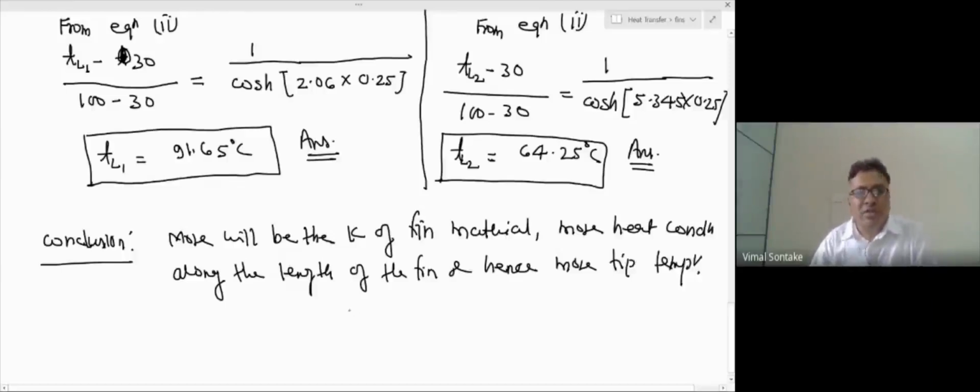This is the conclusion. So this way I can solve numericals on fins. This is one variety of problem where you will be asked to calculate either temperature at the tip of the fin and heat transfer from the tip of the fin as well.